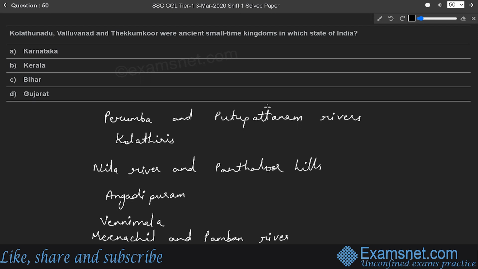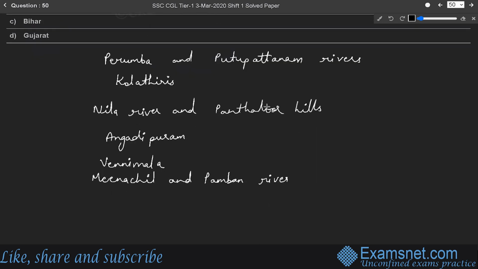The founder of this kingdom, Thekkumkur, is Illai Raja. And this kingdom emerged after the culmination of the Chera Kalushekhara dynasty. So the name of the dynasty is the Chera Kalusekhara dynasty.